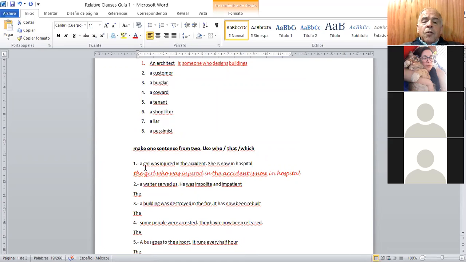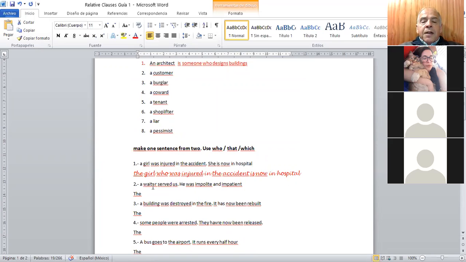For example, a girl was injured in the accident. That is one sentence. She is now in hospital. Two sentences, but you join them in that way: The girl who was injured in the accident is now in hospital. So from these two sentences, you made one.